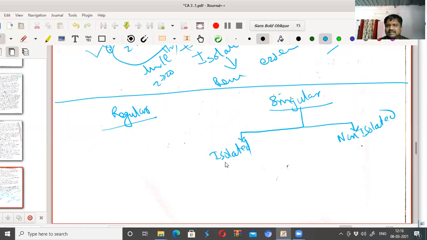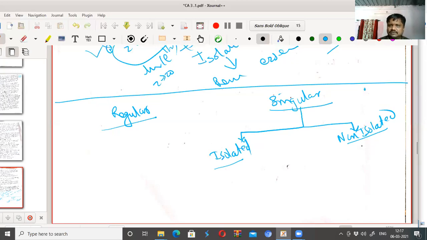Isolated means that except for that singular point, there exists a neighborhood in which the function is analytic, then it is called an isolated singularity. And non-isolated means that for every neighborhood of that singularity, there are again singularities in that neighborhood, so this singularity is called non-isolated.